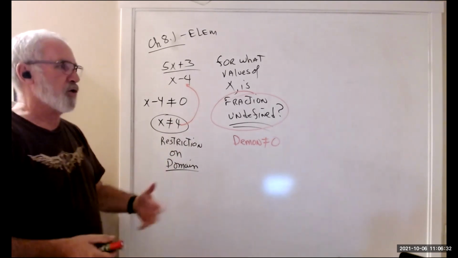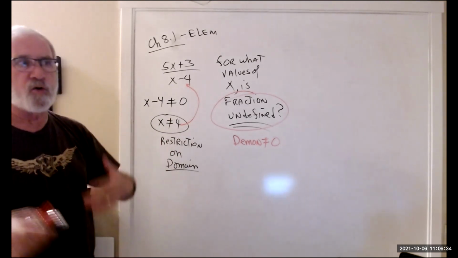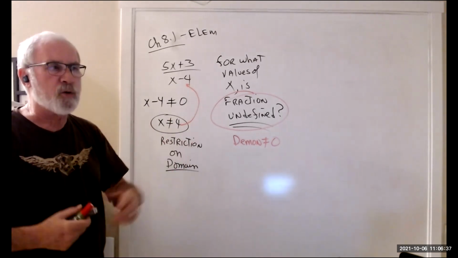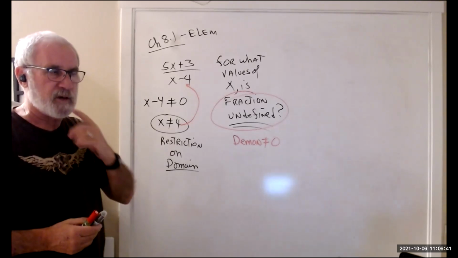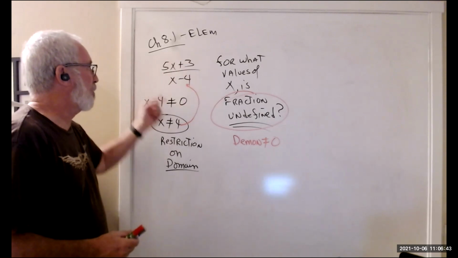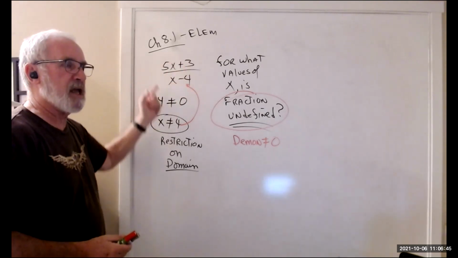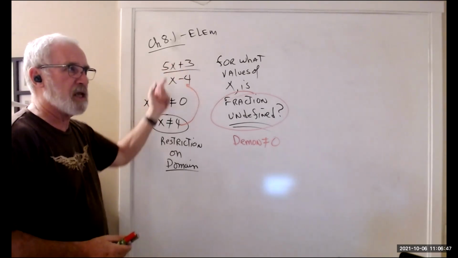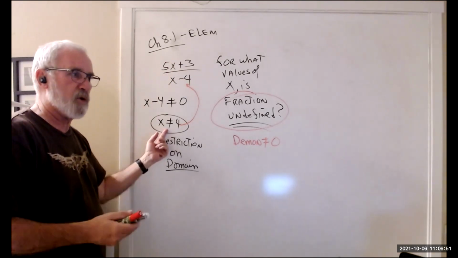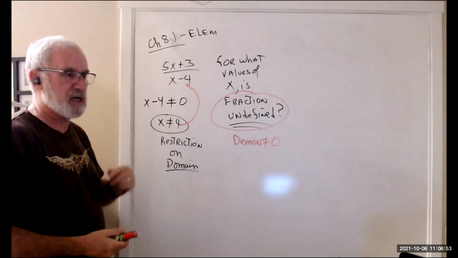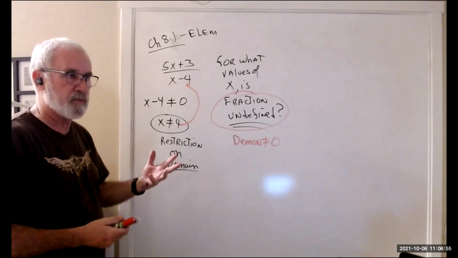You couldn't call your friends. You couldn't go in the car. You couldn't go on a date, whatever. You were restricted. You couldn't do things. Okay, so in this problem, x can be any number I want it to be, except for 4. It's restricted from 4 because 4 will cause the denominator to blow up.